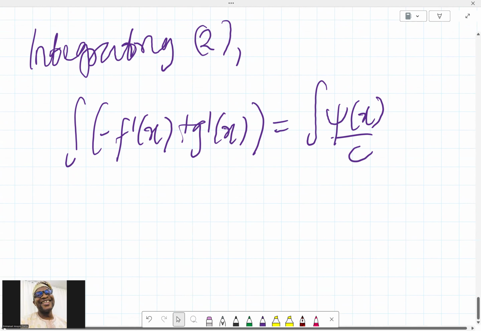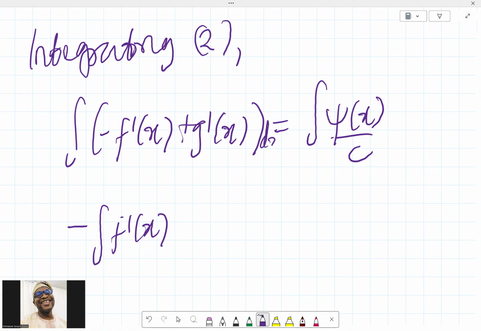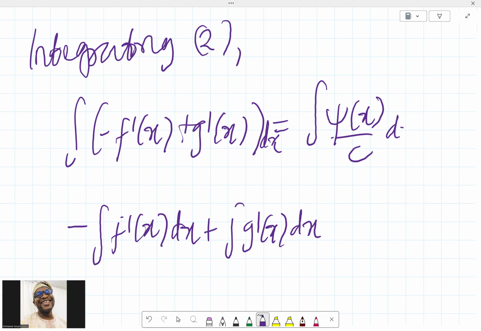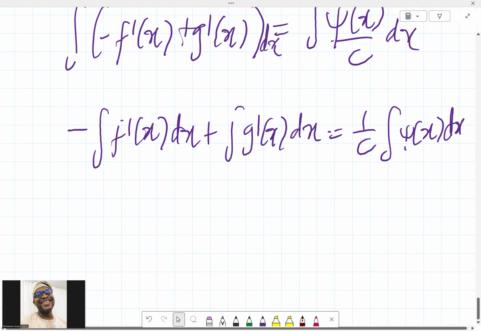Okay, so we can tidy that up by having minus the integral of f prime of x dx plus the integral of g prime of x dx, and that is equal to 1 over c integral of psi of x dx. So of course, we know the integral of f prime of x is f of x.